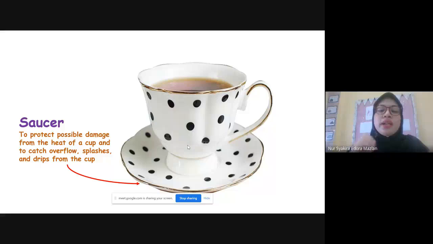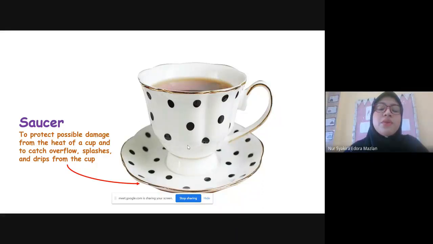I want to draw it as well, so that you know later when people show you that, oh, that is saucer, not piring anymore, it's saucer, okay? So the saucer is used to protect against possible damage from the heat of a cup and to catch overflow, splashes and drips from the cup. Okay, so that is the function of saucer.